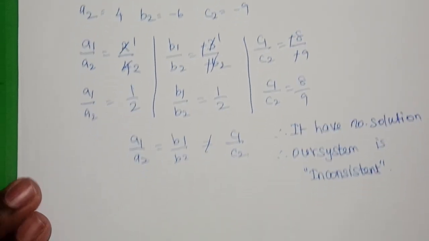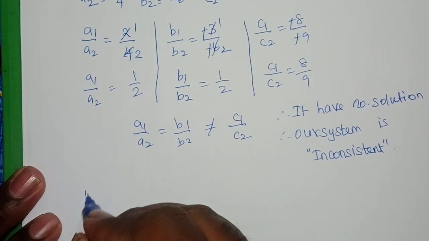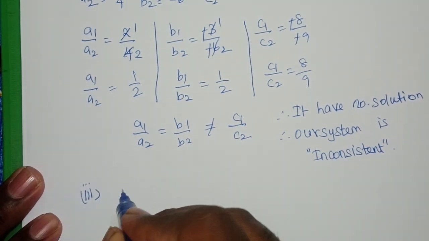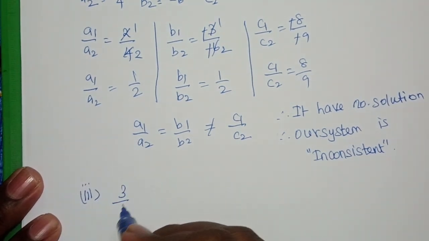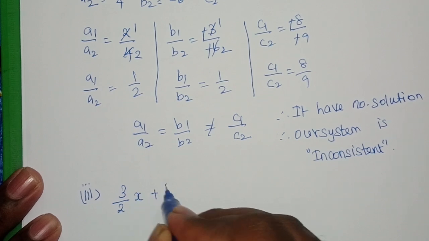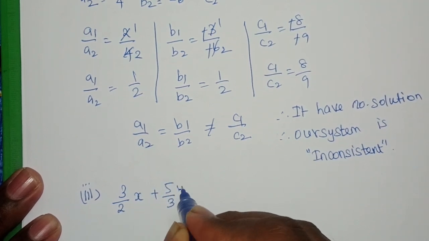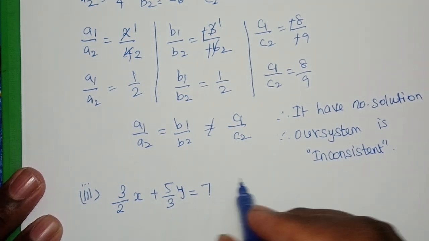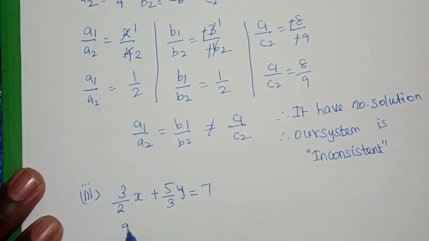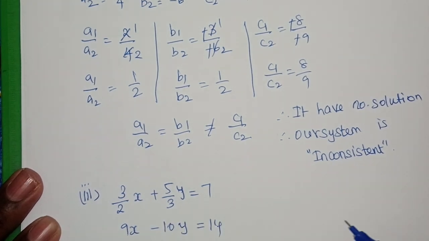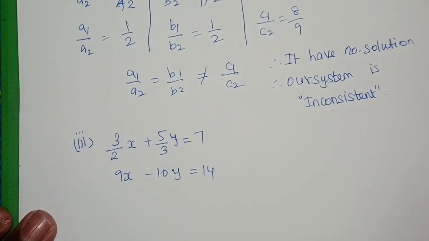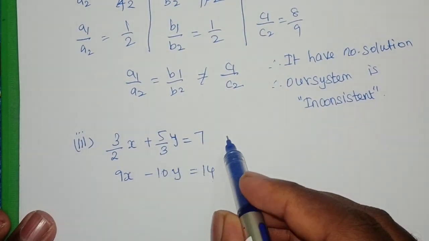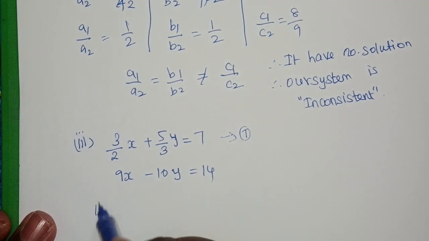By seeing the fractions, it is not very difficult, a very easy question. 5 by 3 y equal to 7. Next, 9x minus 10y equal to 14. The LCM is 6, so I will multiply the first equation by 6.